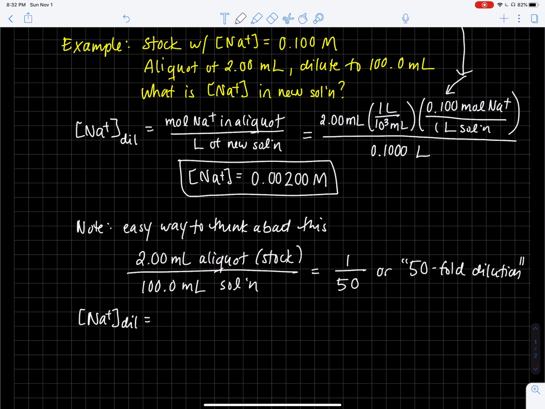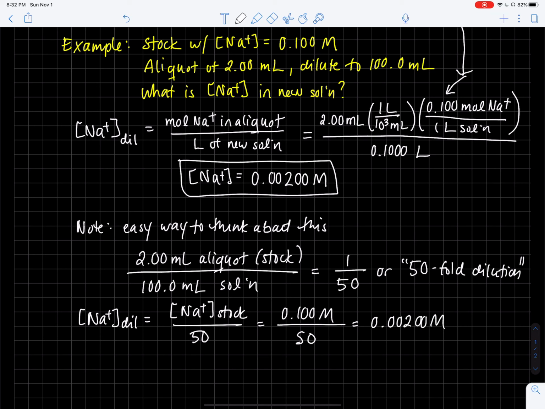So the concentration of sodium in the diluted solution is the concentration of sodium from the stock solution divided by 50. If you do that, it was 0.1 molar in the stock, and I divide that by 50, lo and behold, you get the same answer as above.